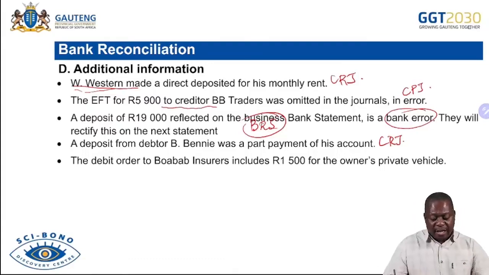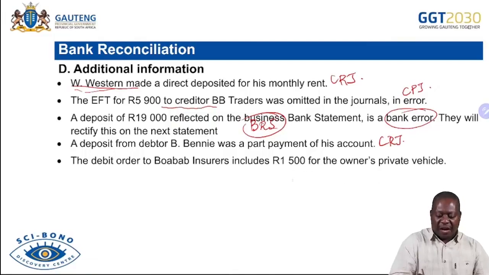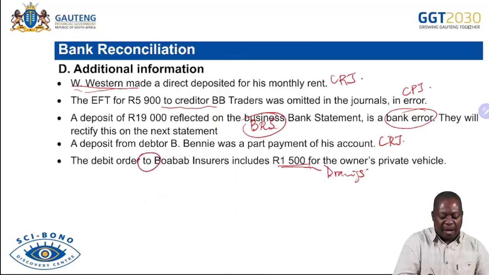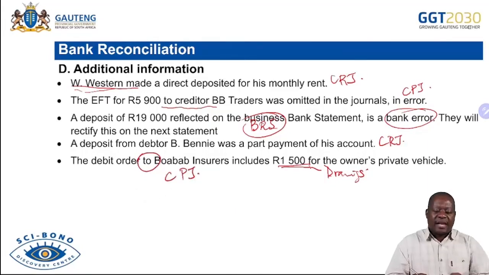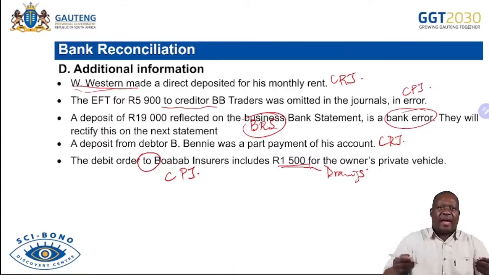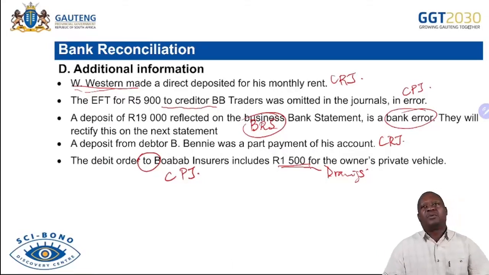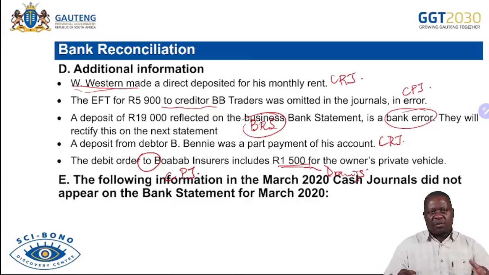A debit order to Baobab Insurers includes 1,500 for the owner's private vehicle. 1,500 for the owner's private vehicle. What is this? Drawings. But remember, it's a payment too, so it goes to the CPJ. So they are now telling us the information that we have. Where does it belong to? And that's very important, and that's very good for us. Now we can be able to deal with them without problems.